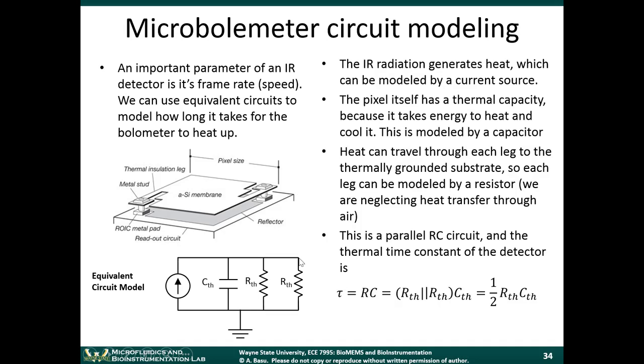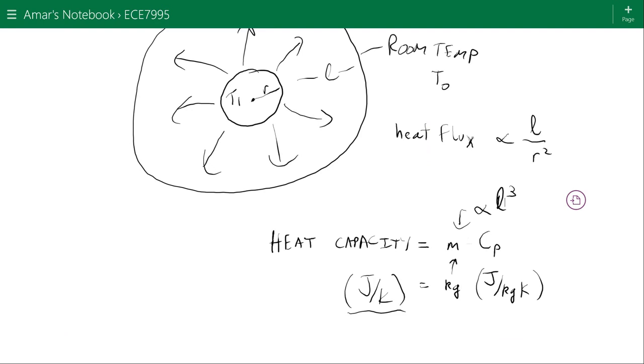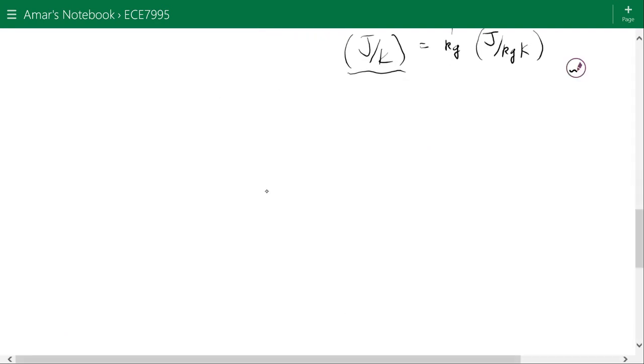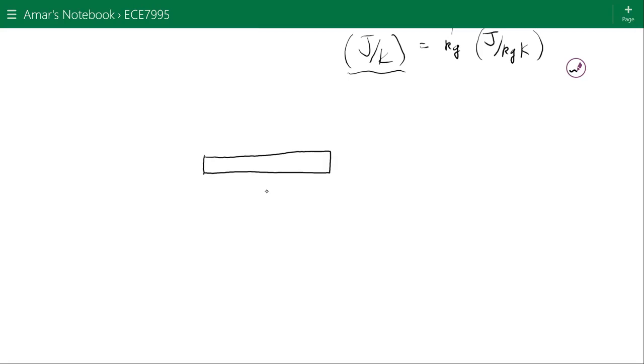So imagine that we have a membrane here, and that membrane is coated with that infrared absorbing material, and then it's connected to the substrate. So let's draw a simplified diagram of the system. This is the bolometer element.